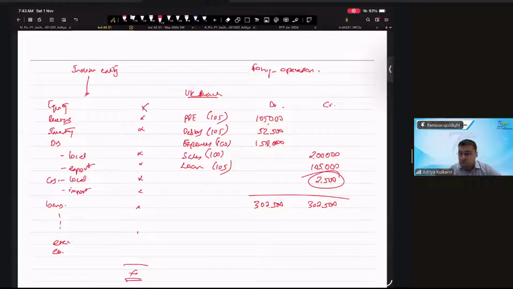So now you tell me, should this go to P&L or should this go somewhere else? Not to P&L. Like in branch accounting in India, we make a reserve, the foreign currency translation reserve. Yes, we are going to do that here also.